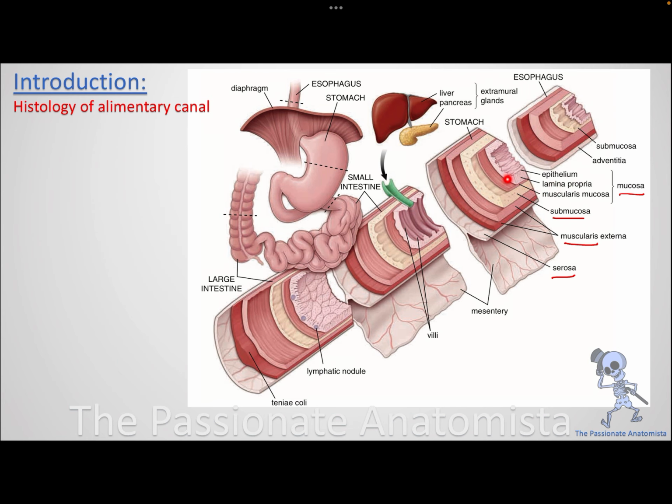All right, and this is followed by the last layer, which is the muscularis mucosa, and that is basically a muscular layer. And this muscular layer is very important, because think about this canal, and you have a muscular layer below your epithelium. If this muscle layer contracts, it creates crypts or valleys, depressions and ridges.